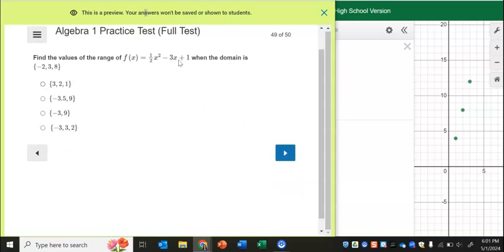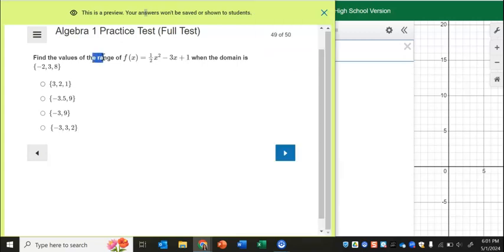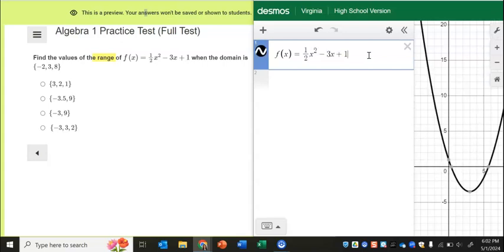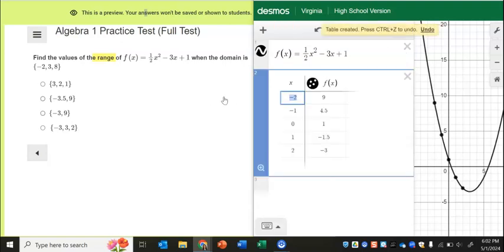Find the values of the range when the domain is this. Okay, so basically find the y values, which is the range, when the x values are this. So I'm going to do this as a table. I'm going to take this and convert it into a table, and then it says my domain is -2, change that to 3 and 8.